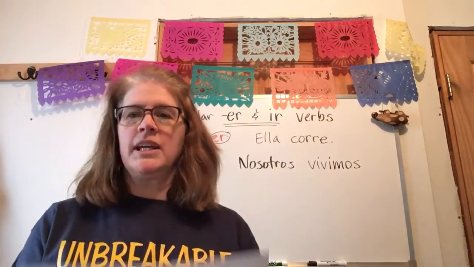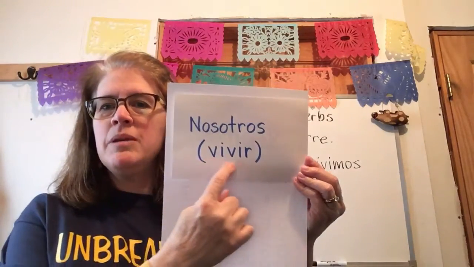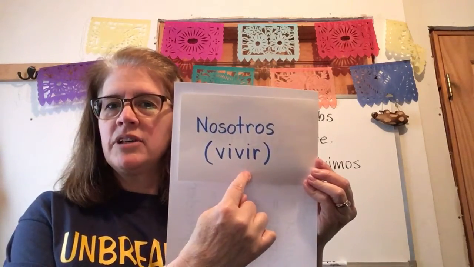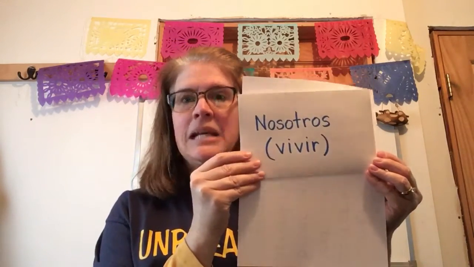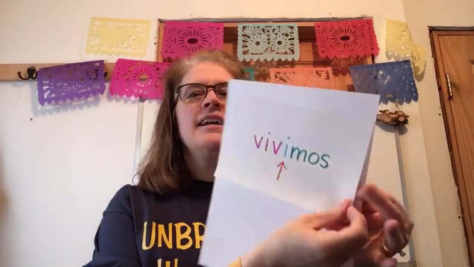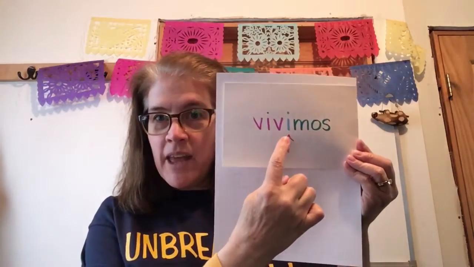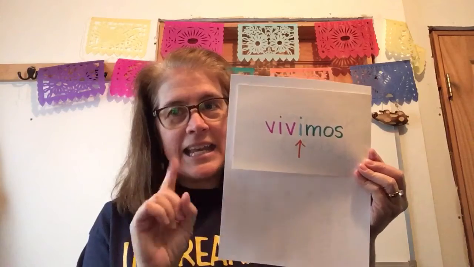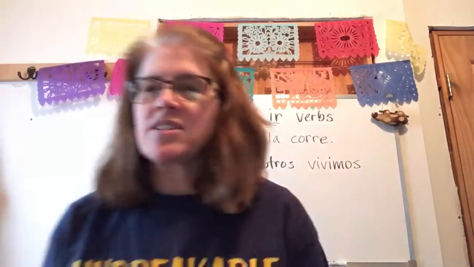Número 6, I believe. Here we go. The nosotros form, please, of vivir, to live. Ooh, you better not look at the board on this one. Pause, write it. Vivimos. Did you guys remember that it has an I, not an E, because it's an IR verb? Okay, good job, guys.